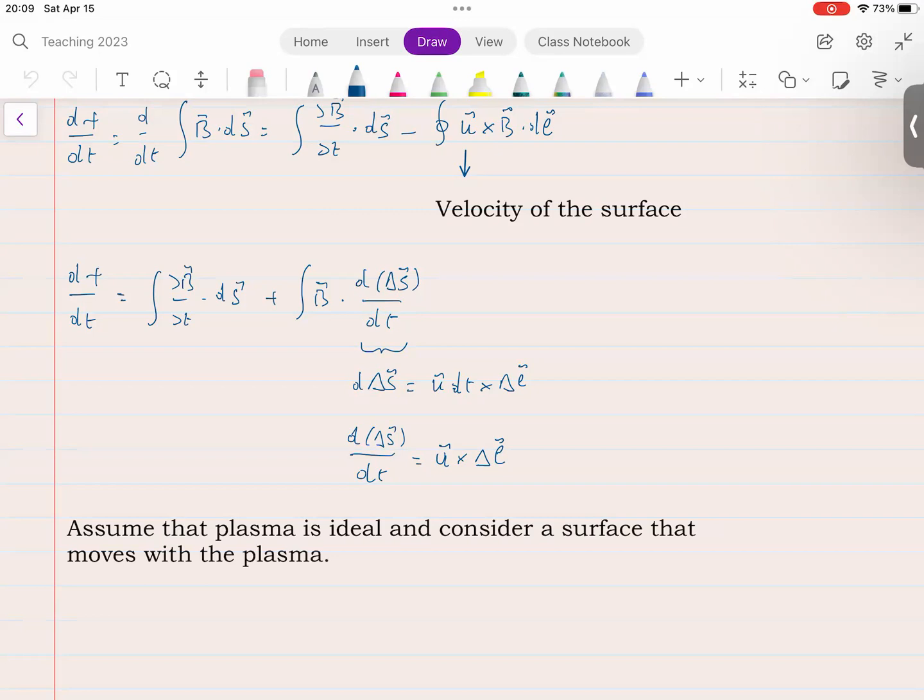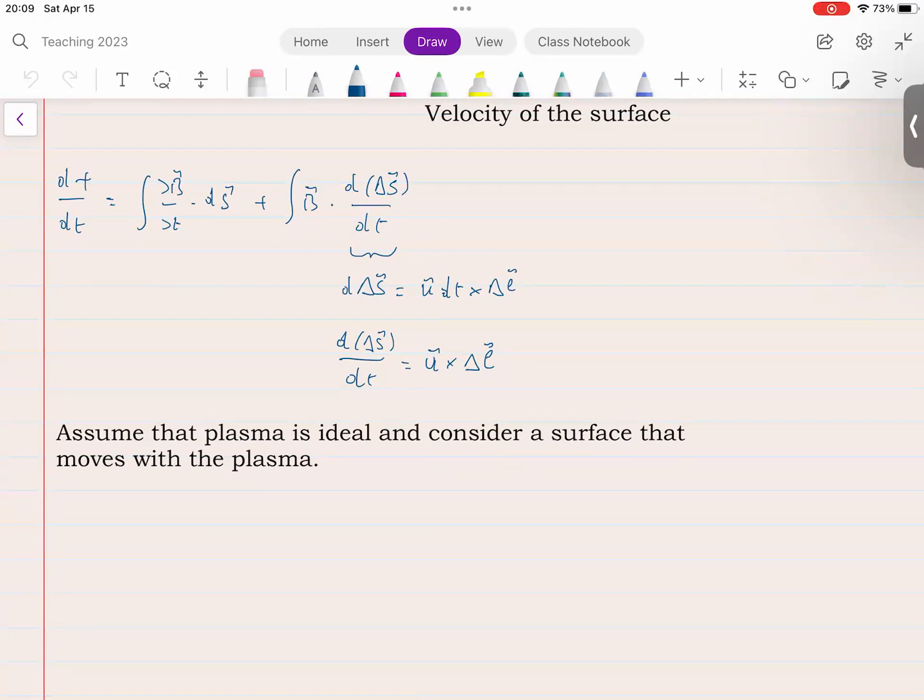That is, I'm going to identify the velocity u with the velocity of the plasma. Then I obtain that d psi dt is going to be equal, dB over dt is just curl of u cross B, because I'm ignoring the resistivity.